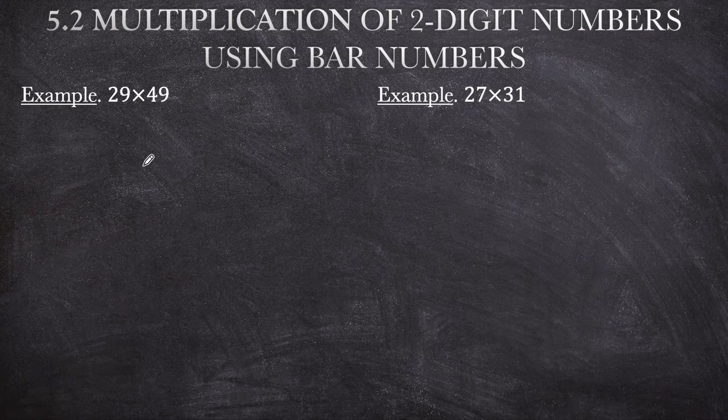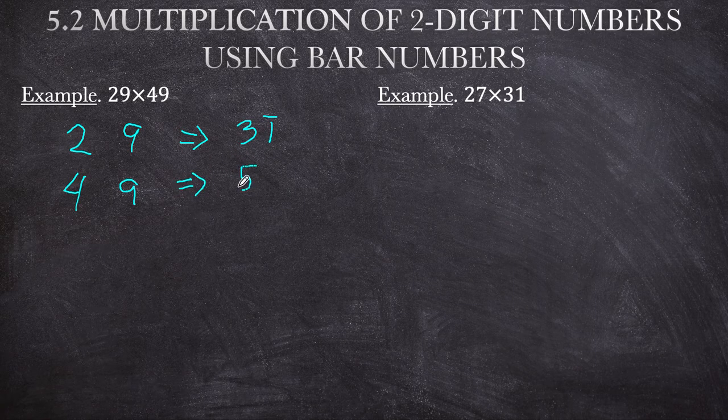So here we have 29 times 49. Instead of 29 and 49, we're going to convert these into bar numbers so that they become 3 bar 1 and 5 bar 1, which makes things better. 3 times 5 is 15. 3 times bar 1 is bar 3, or negative 3, plus 5 times bar 1 is bar 5, which is negative 5.